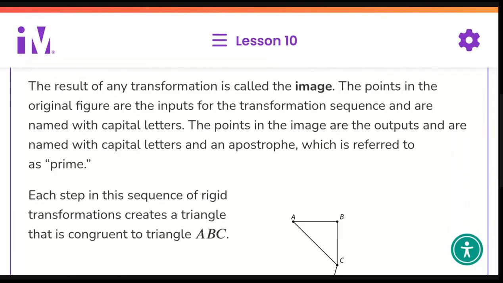Now, it is possible to perform more than one type of transformation at a time on a figure. What you would do is you would look from pre-image to image, and then to your second image or third image to see how we sequence the steps of pre-image all the way to final image.